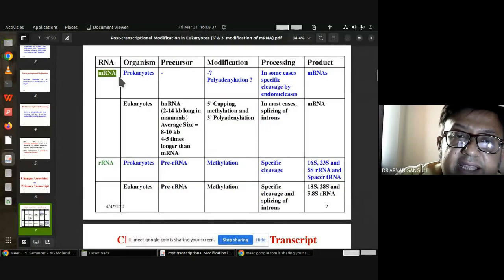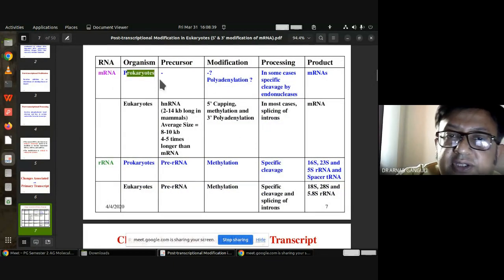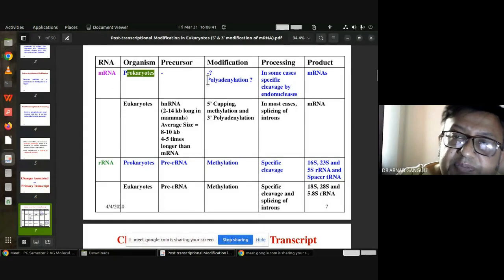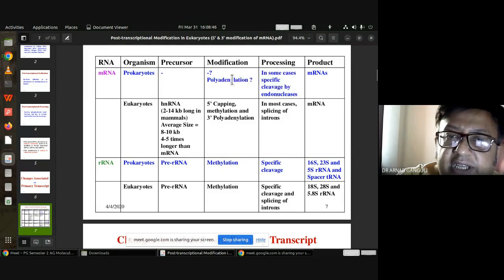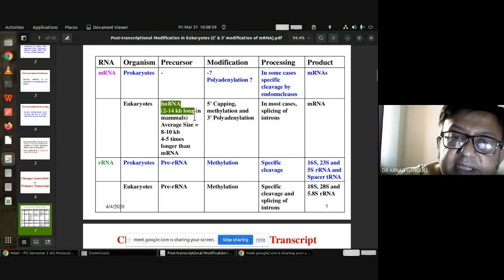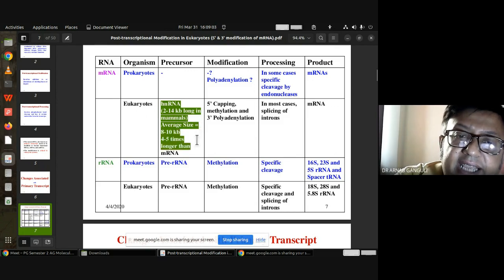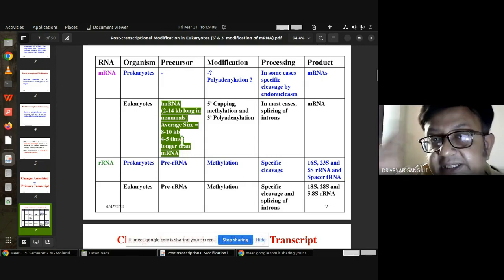For mRNA in prokaryotes, some people say there is polyadenylation, but no evidence so far, therefore question marks. There are some specific cleavages by endonucleases. The products are mRNAs itself. In eukaryotes, the heteronuclear RNA or the primary transcript is 2 to 14 kb long in mammals, average size 8 to 10 kb, 4-5 times longer than a messenger RNA transcript.